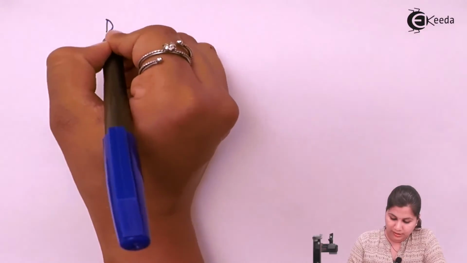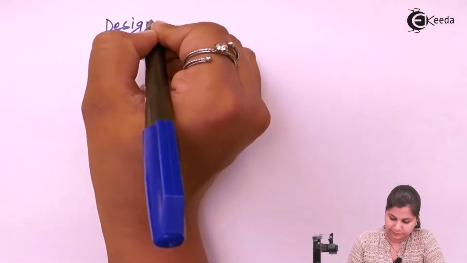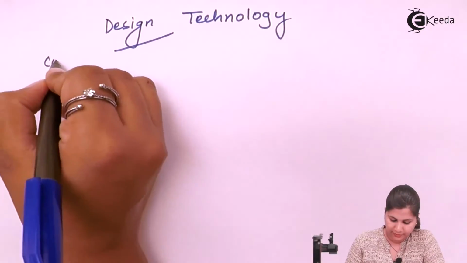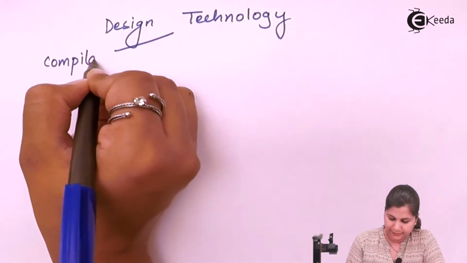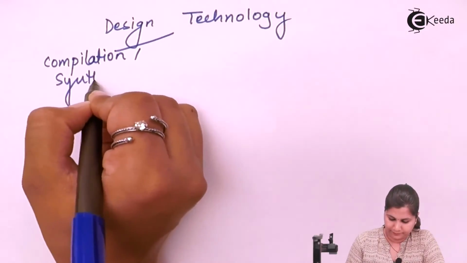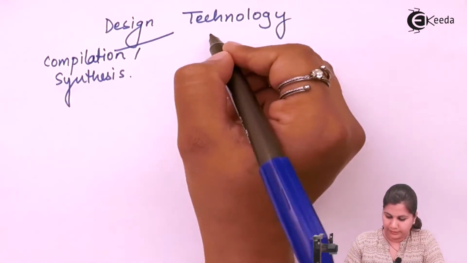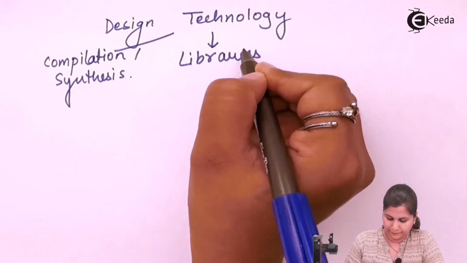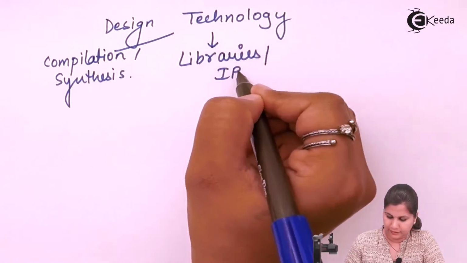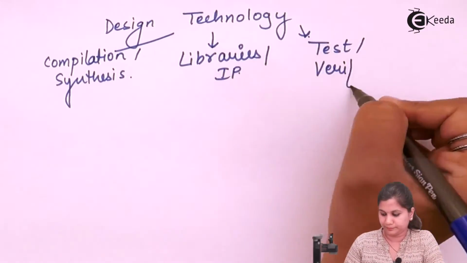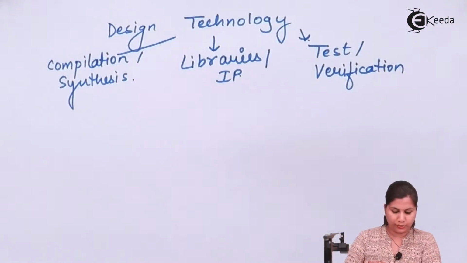Now, this design technology consists of three things. First is compilation and synthesis, then libraries and IP, and third is test and verification.